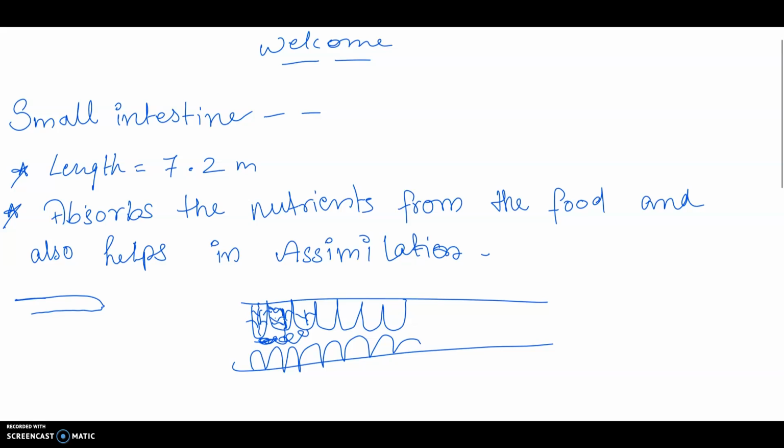And for this, mainly hemoglobin in the blood. Hemoglobin, you have to remember, is what makes our blood red and also transports food from the small intestine to other parts of the body.